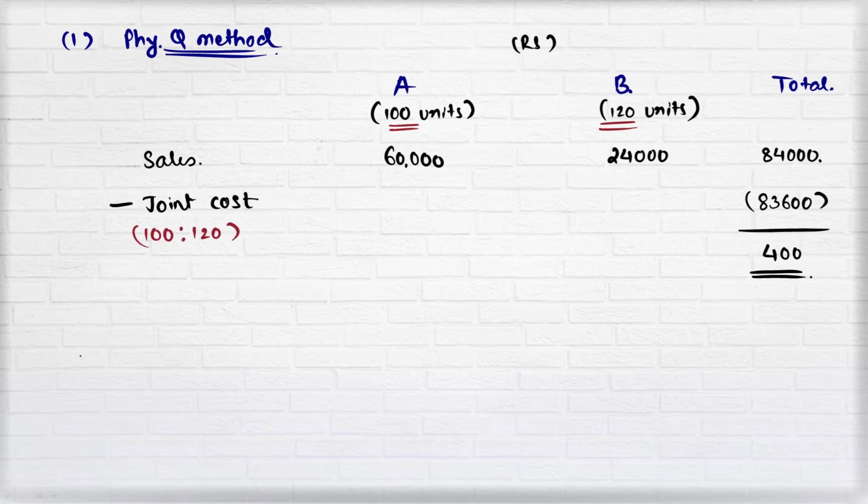Sir, should we not take sales value? No. Then you are distributing it in the method of sales value at split of point. This is another method, physical quantity method. 100 is to 120, 83,600 will be divided. It is 38,000. And 45,600.